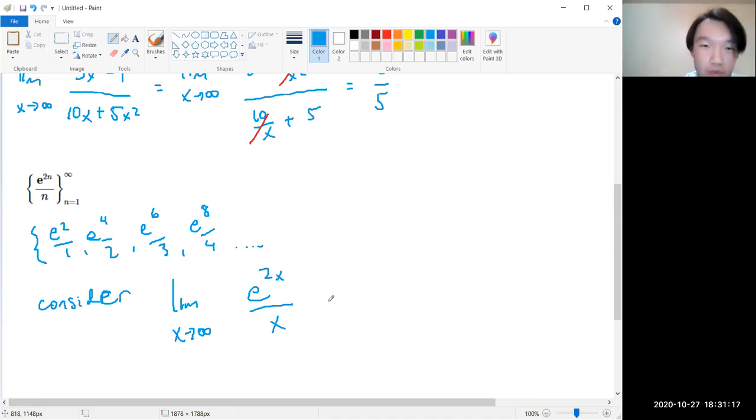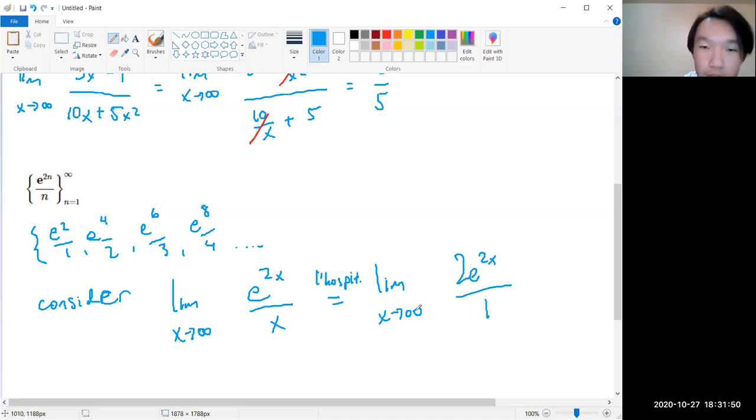So when you use L'Hopital's rule, what do you get? So the derivative of e to the 2x is 2e to the 2x. And then the derivative of x is 1, right?